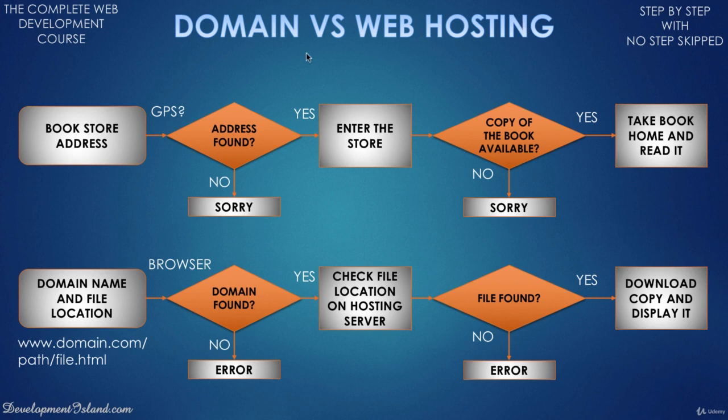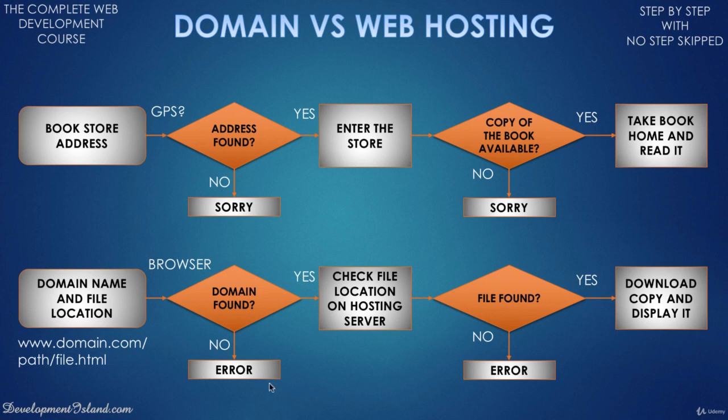So when somebody types a URL with your domain and a path to a file, then the browser is going to look for the domain first and then look for the file afterwards in the web hosting. Now, you may buy a domain from one company and web hosting from another. That's absolutely fine. All you need to do is make sure that you point your domain to the web hosting you're going to be using by using the name servers, and that's something we're going to come back to in a bit.